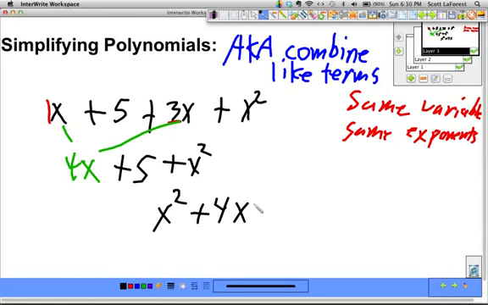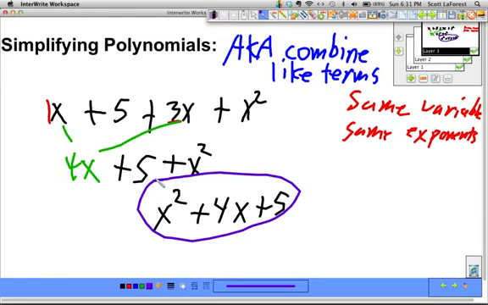And then we don't have any other variables. It's just the 5. So this would be our correct answer. That's 100% right there. Remember to write it in standard form. That's just highest power of x has to go first.